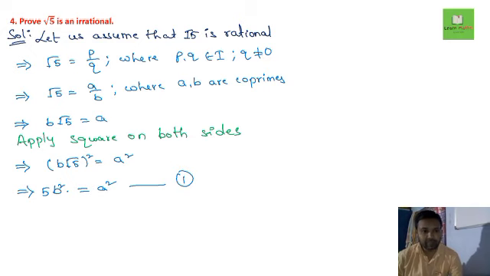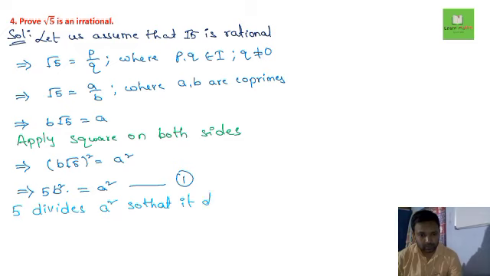It means that 5 divides a square, so that it divides a. So 5 divides a clearly. So let us consider that number a is equal to 5c.